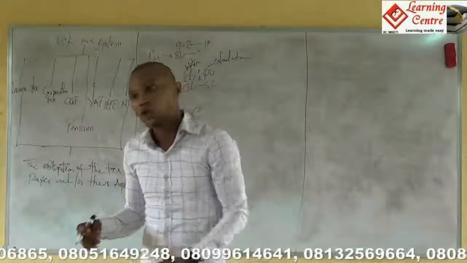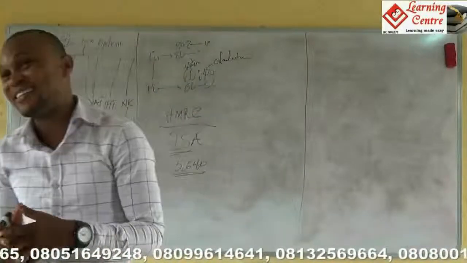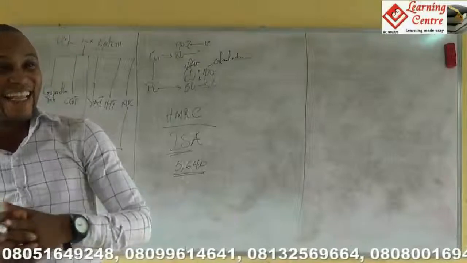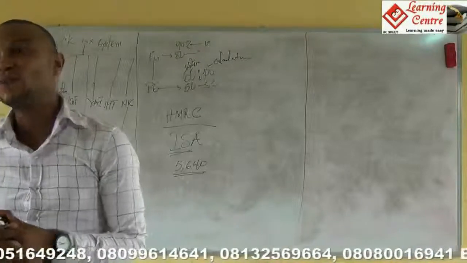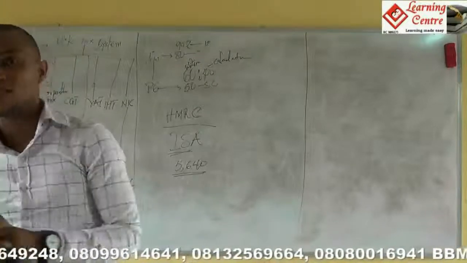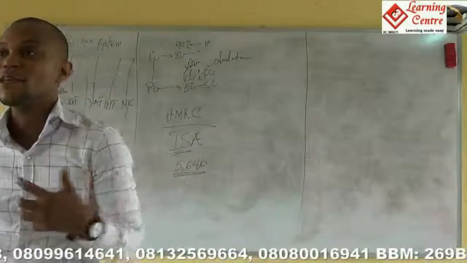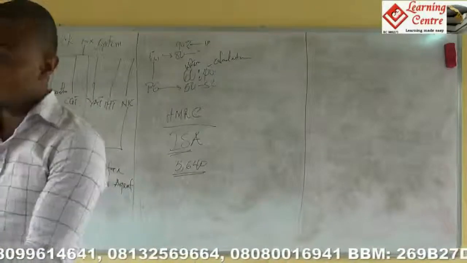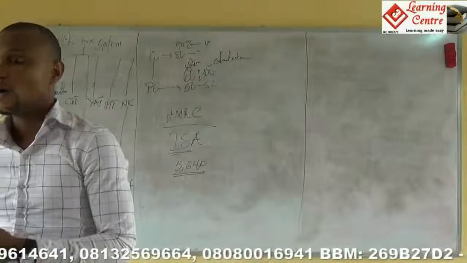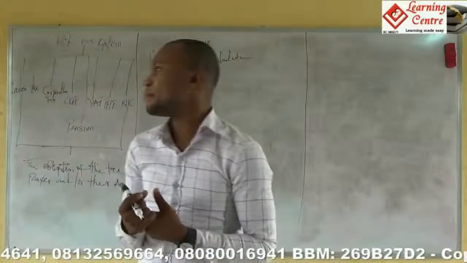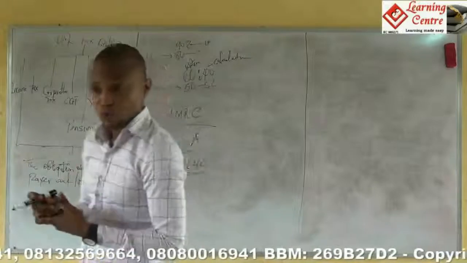So they want to discourage it, because smoking, they say, is dangerous for our health. But concerning the environment, there are other ways you can ease off. Another thing is environmental control.